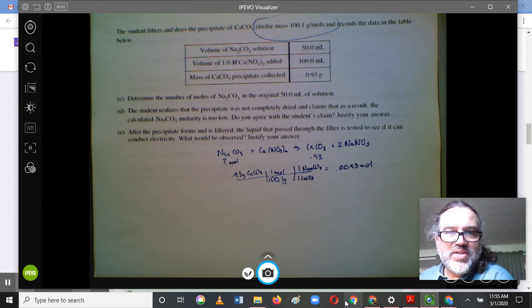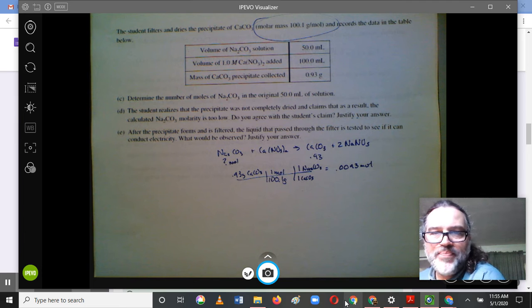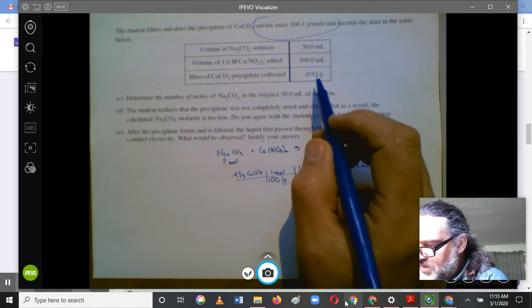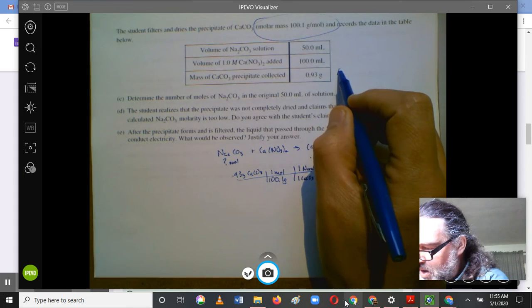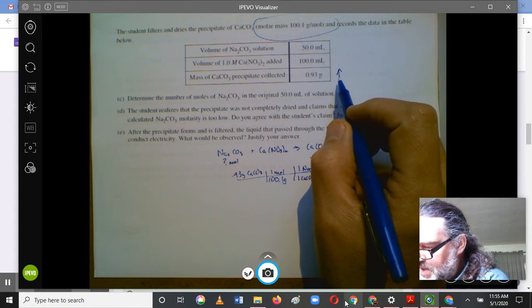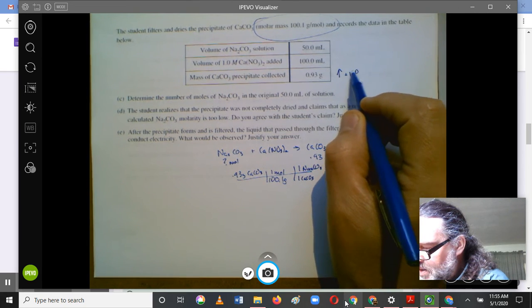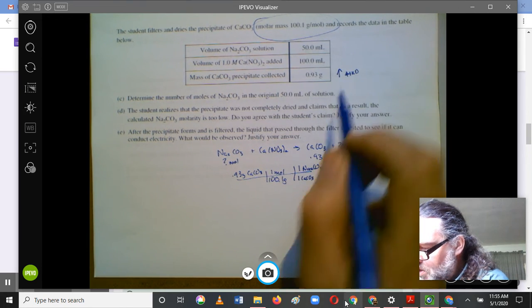The student realizes that the precipitate was not completely dry, claims a result that the molarity would be too low. Do you agree or disagree? Let's see. If this thing was wet, this mass would go up, right? Because there would be calcium carbonate and some water in there, and that would make the mass go up.